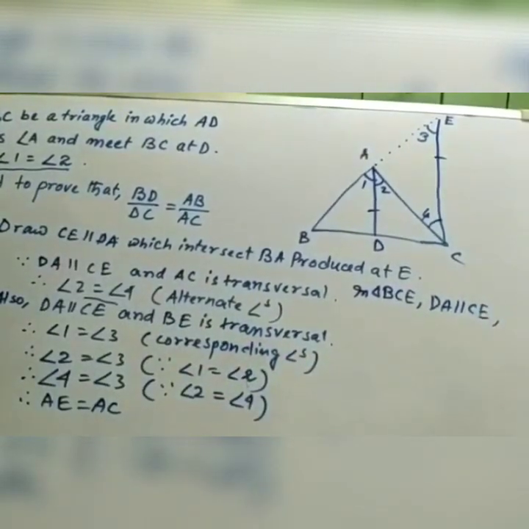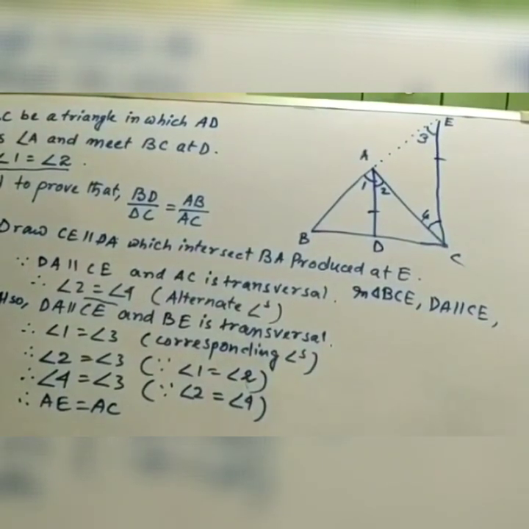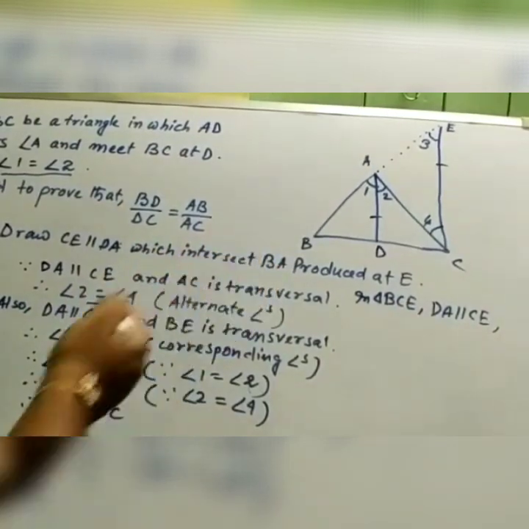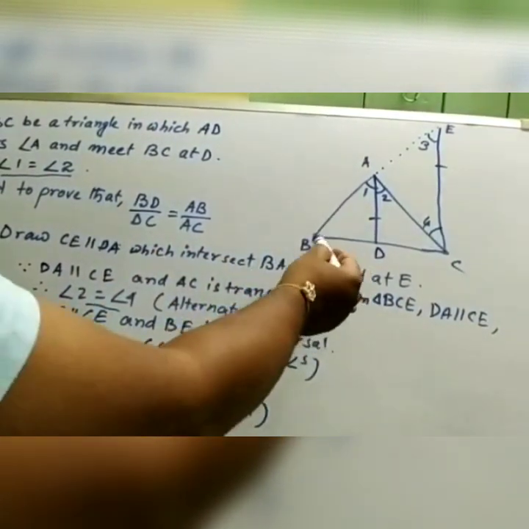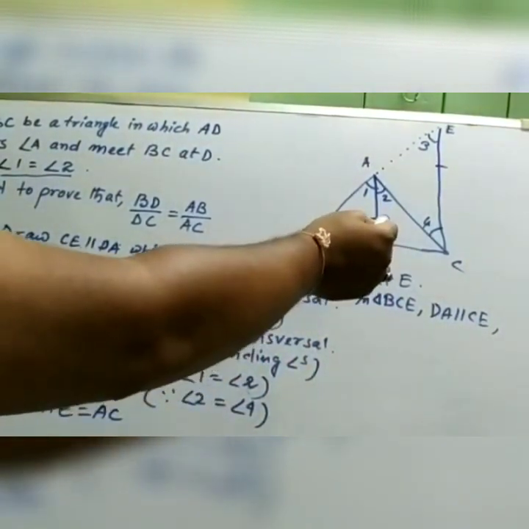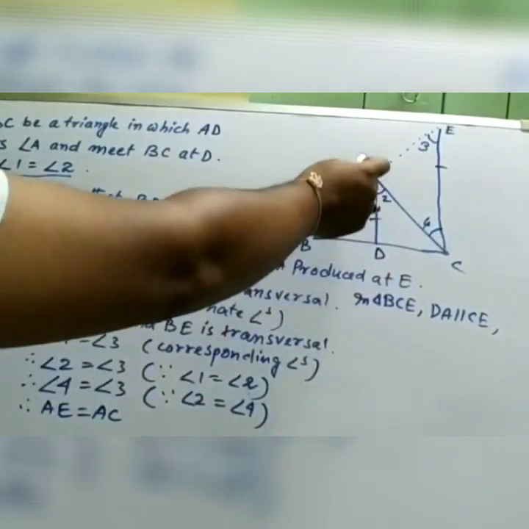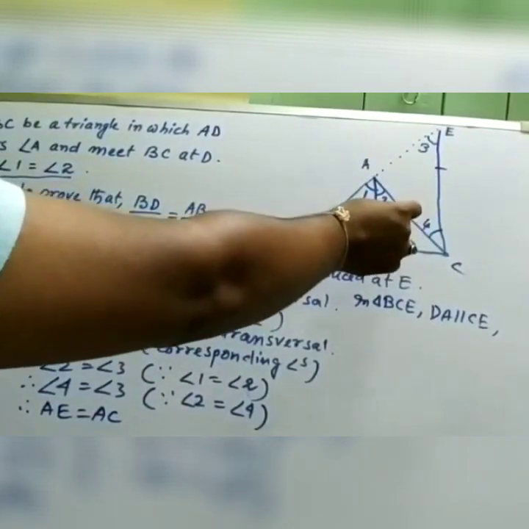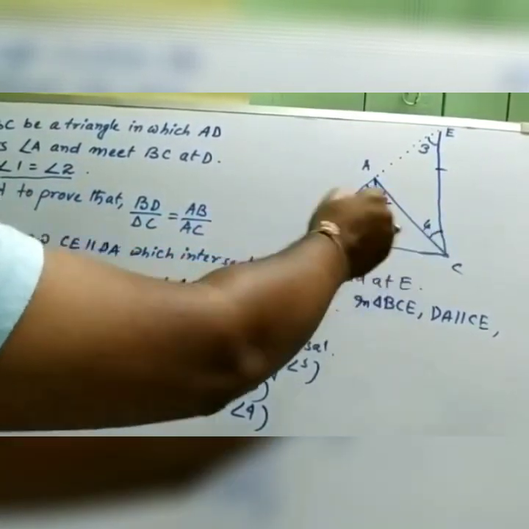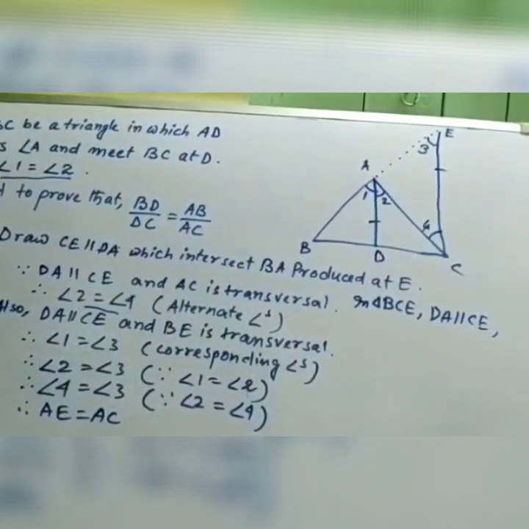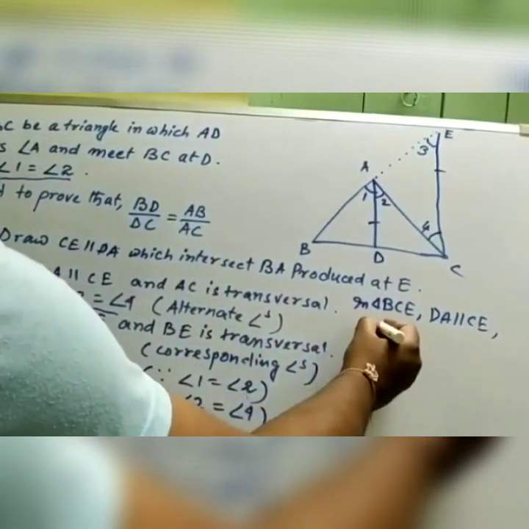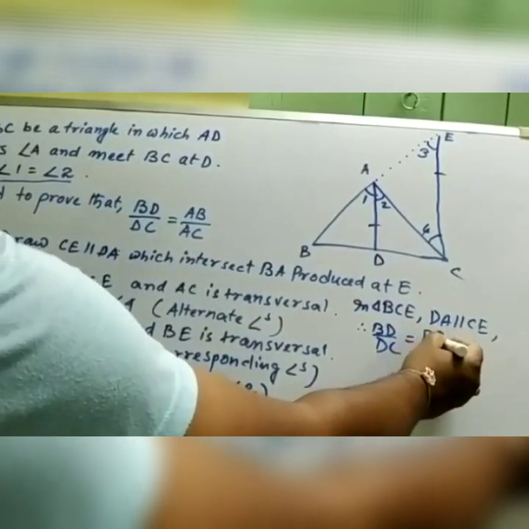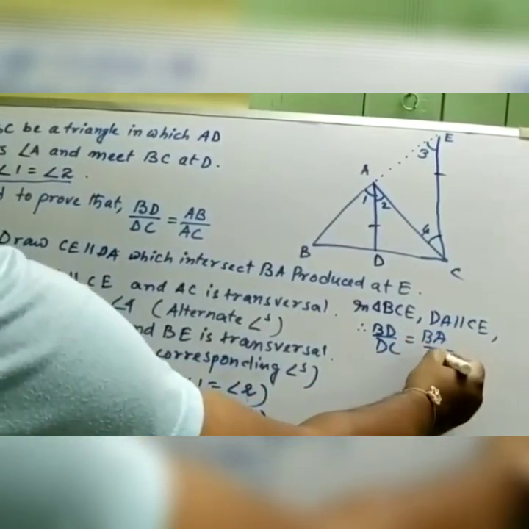Okay, as the two lines are parallel, so we can use BPT, and from BPT we can get the corresponding sides in the same ratio, because the whole triangle is divided by these parallel lines. So BD by DC equals BA by AE, we can write. So that we are writing BD by DC equals BA by AE.